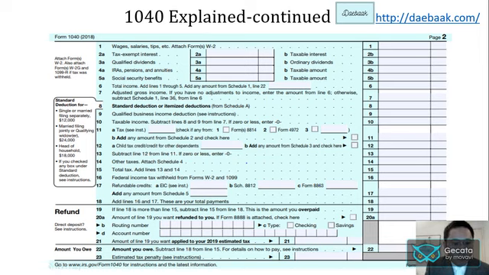So if you're getting a W-2, you must have withheld your federal income tax. So write down the number on your W-2 here. And this is your total payment.